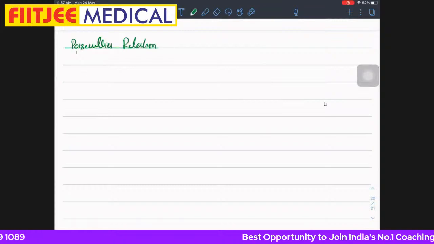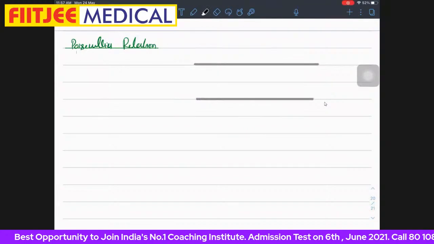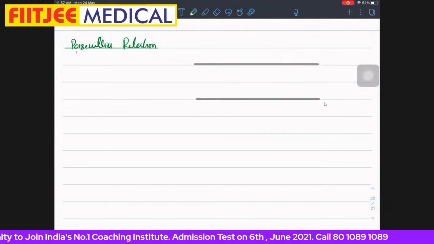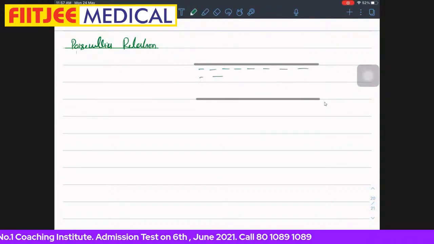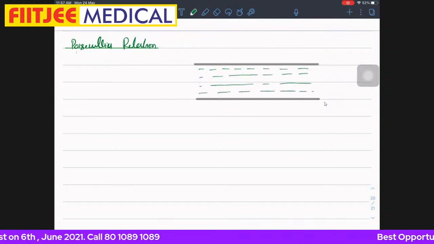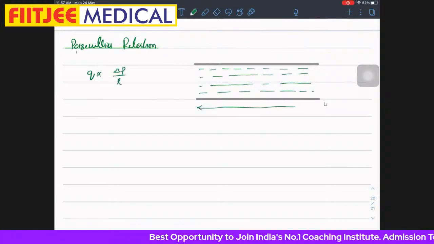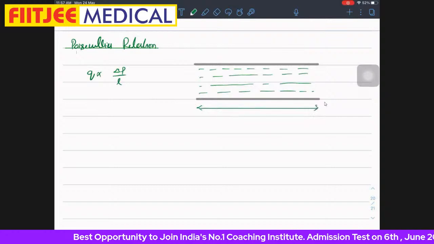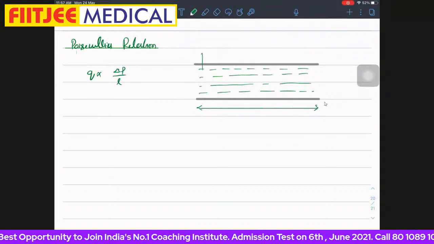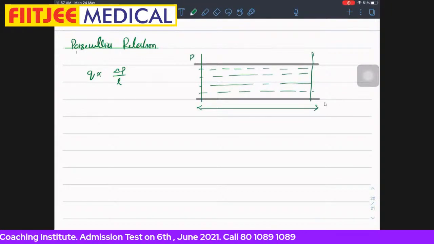It says that if liquid is flowing through a tube, then the discharge through it will be proportional to the pressure gradient. Suppose this length is L, and on this cross section the pressure is P1, on this cross section the pressure is P2.